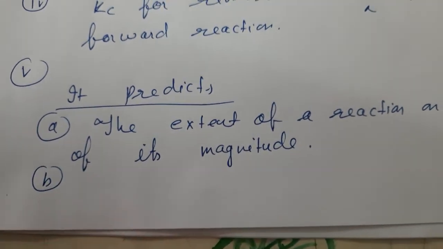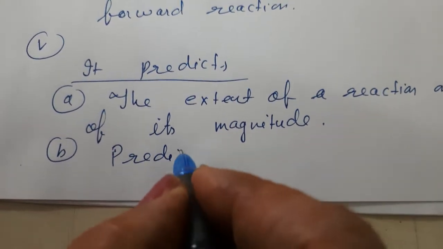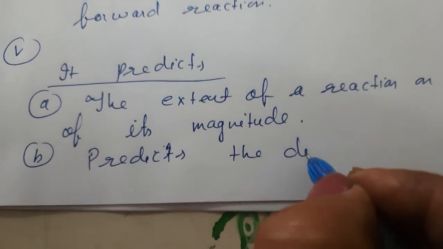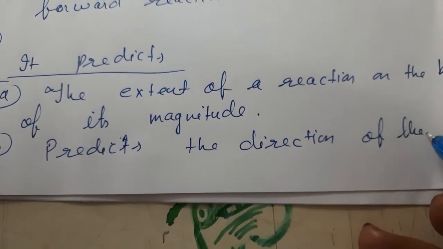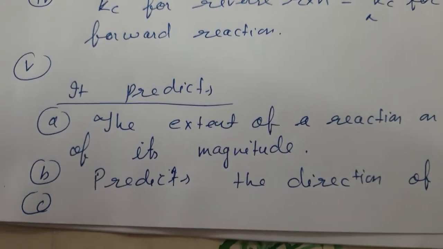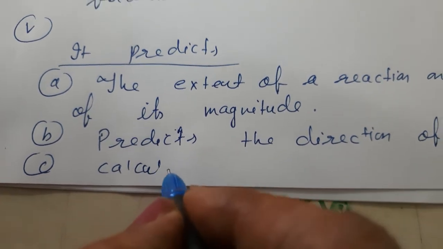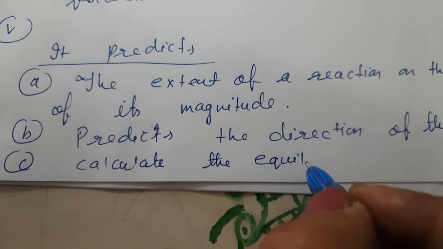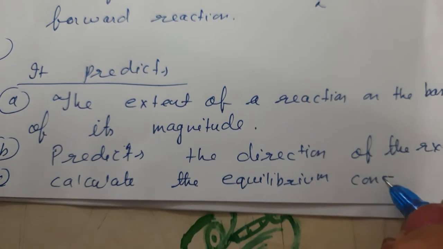Second, it predicts the direction of the reaction, whether forward or reverse. Third one is to calculate the equilibrium concentrations.